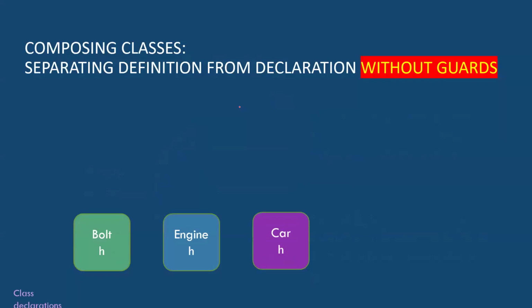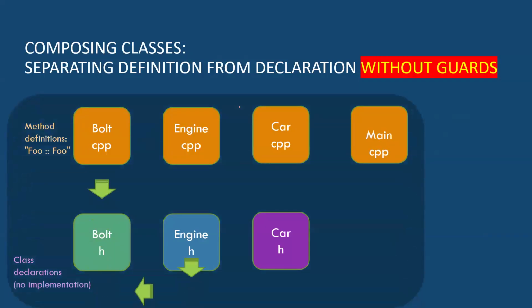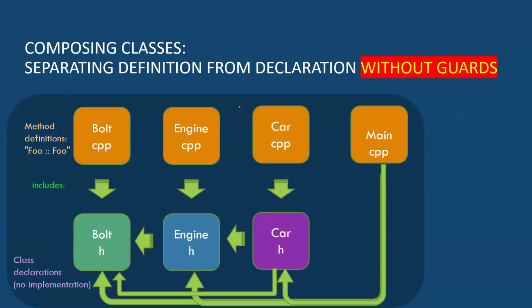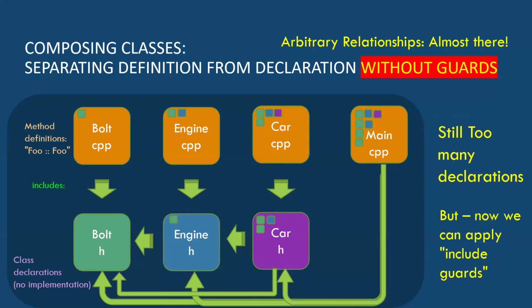So if we don't use include guards, and this is really probably unnecessary, it's just sort of telling you what a mess it could be. What we end up getting through all of those inclusions is lots of copies, right? So bolt includes bolt.h, engine has to include bolt.h, engine.cpp includes engine, which includes bolt.h.